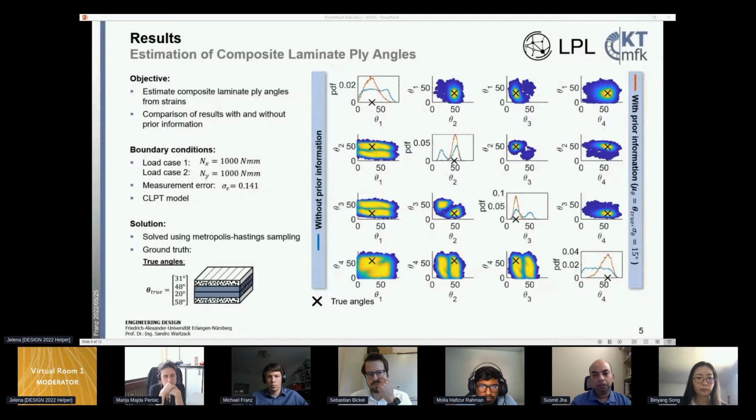In the lower left corner, you find the likelihoods of our resulting sampling without prior information, where yellow represents high likelihood values and blue low ones. The solution algorithm searches a wide area with multiple maxima. In the upper right corner, the study is performed with prior information.